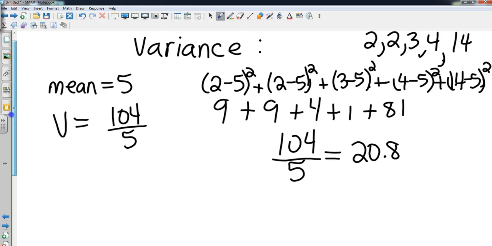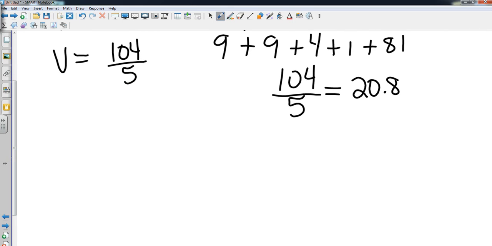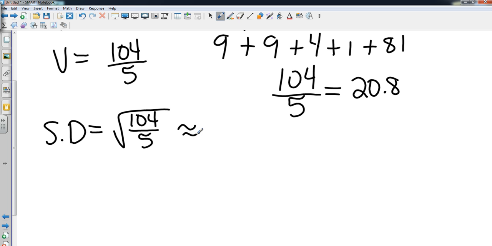The standard deviation is just the square root of the variance. So we're going to take 104 divided by 5 and get an approximate square root on that. 104 divided by 5 is 20.5. And when I take the square root of 20.5, I get approximately 4.5.